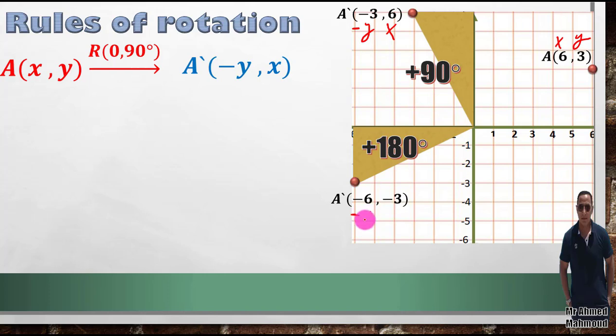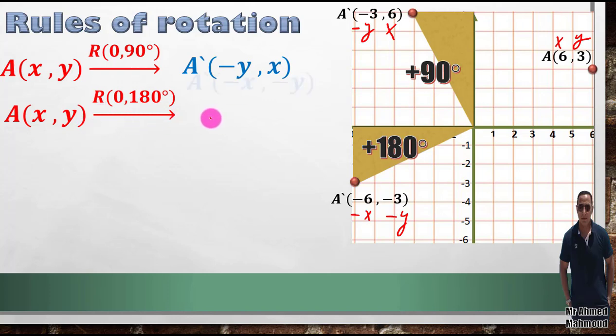And we have here 3 and this is negative 3, so this is negative y. Finally, the rotation 180 degrees changes x and y to negative x and negative y. So this is the second rule: x and y rotated 180 degrees around O, the origin, will be negative x and negative y.